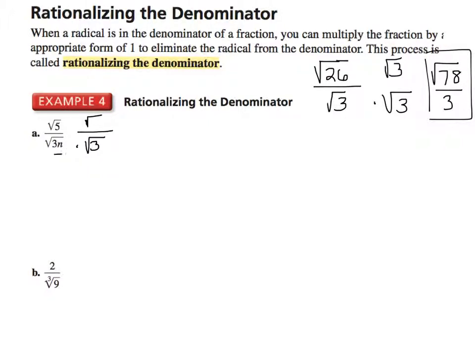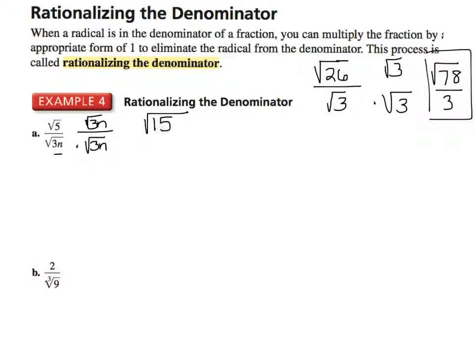But remember, I want my variables, when I take the square root, to always be even. So if it's odd, you just tack on a letter. So if you had n to the 5th, you would multiply by n. If you had n to the 7th, you'd multiply by n. If you had n to the 8th or any other even power, you would not multiply by anything. So I have to multiply the top and bottom by root 3n.